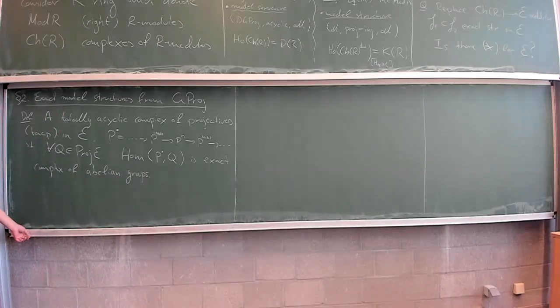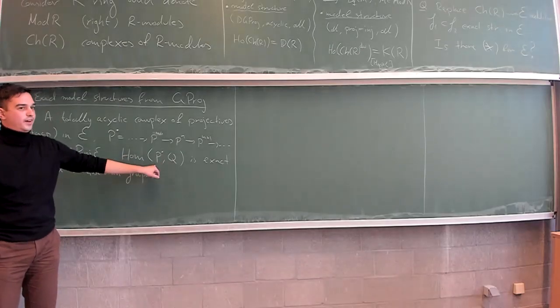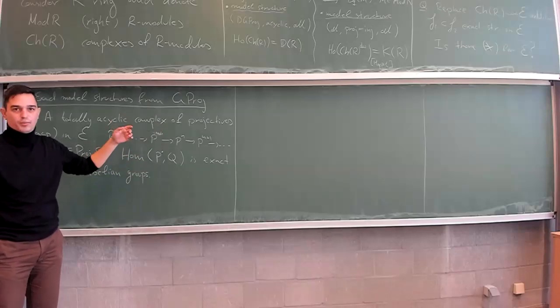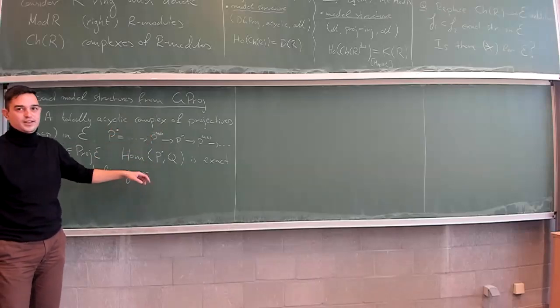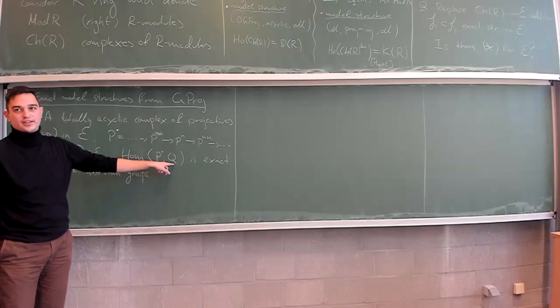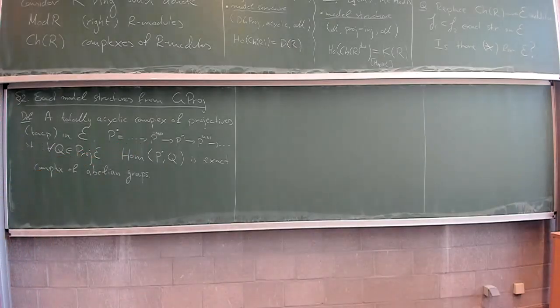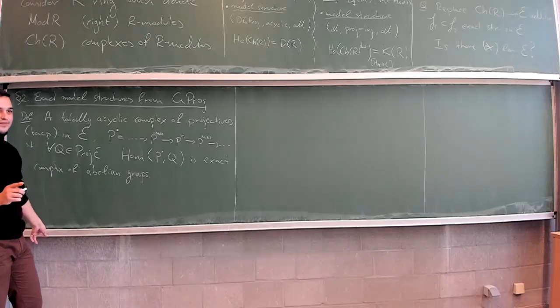Okay. So you know that if you Hom, if you put Q here and you Hom it, then you get an exact complex since you start from an exact complex. But now what you are asking is that it remains exact also if you put the projectives on the other side of the Hom. Okay. Yes. Sorry, small technical question.